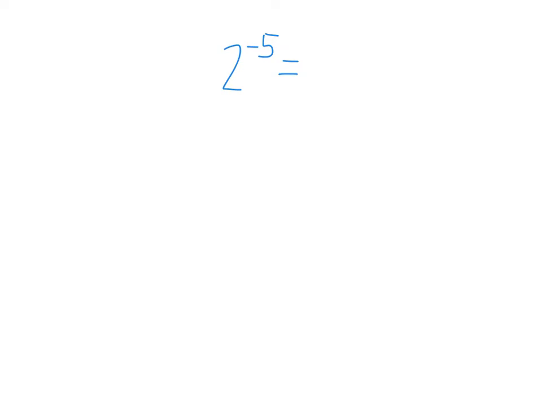When you have a positive number like 2, it doesn't matter whether the power is positive or negative, it will always give you a positive number. So 2 to the power of -5 still gives you a positive number. So what you do is you write a fraction and you put 1 on the top and 2 to the power of 5 on the bottom. Of course, 2 to the power of 5 is just 32. So 2 to the power of -5 is 1 over 32.